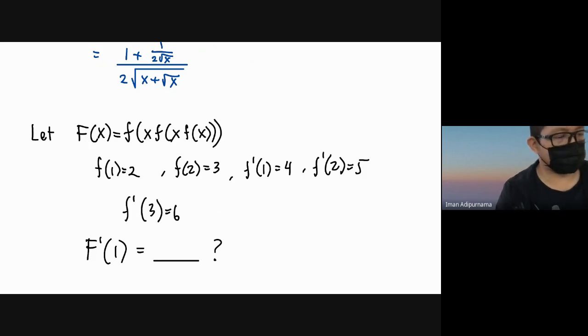This is just for practice. See if you can get the idea behind this function. I think it's quite a complicated composite. And for online students, you can also try. You can write down the number in the chat box if you have already found it.